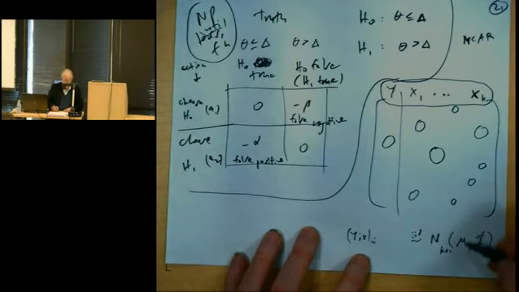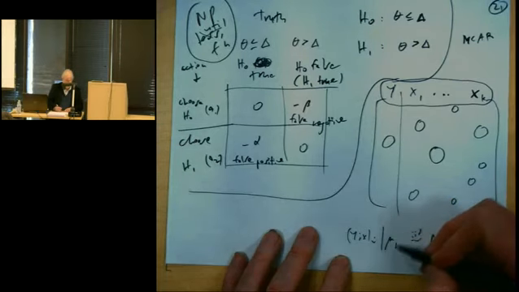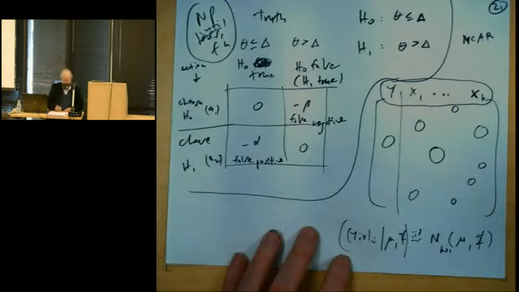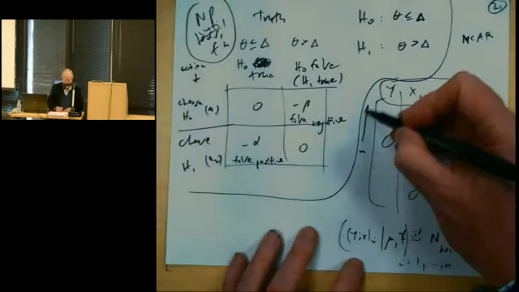And mu is a k plus 1 by 1 vector, and capital sigma is a k plus 1 by k plus 1 matrix. So that thing there, given both mu and the covariance matrix, would be like that as i runs from 1 to n, where n is the number of draws here.